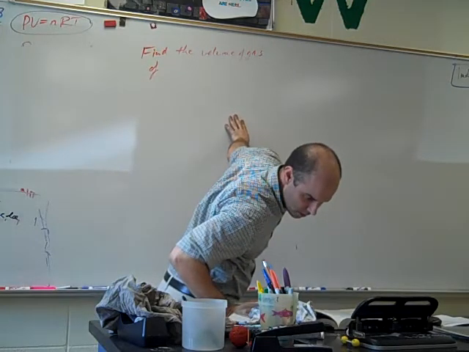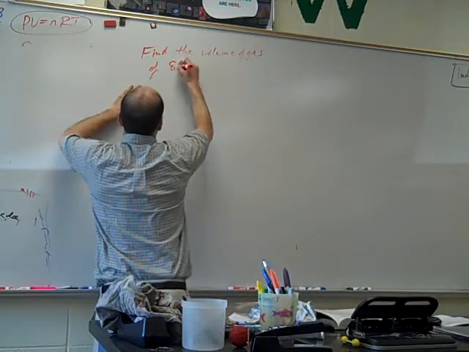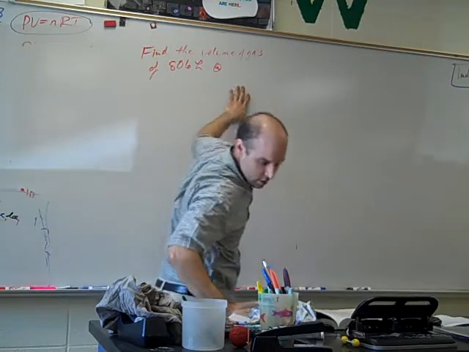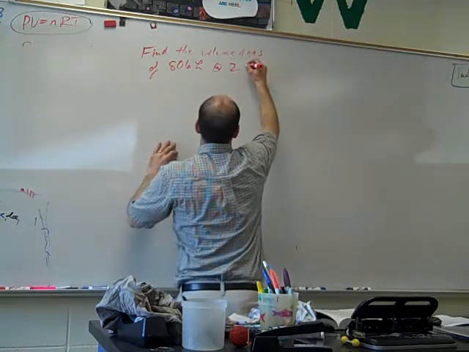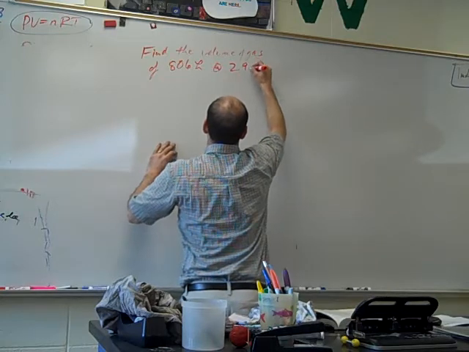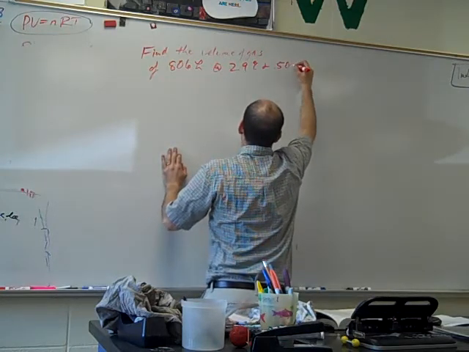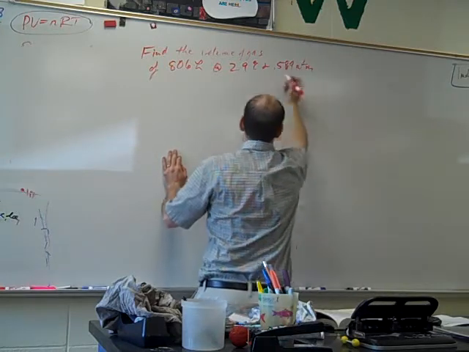We need the ideal gas law for everything going into universal. 806 liters at 29 degrees Celsius and 0.589 atmospheres.